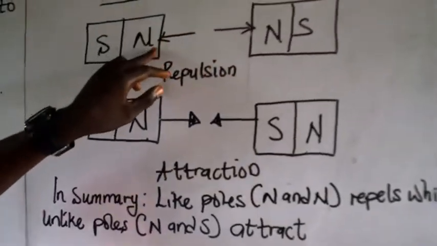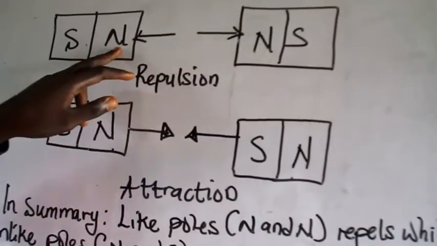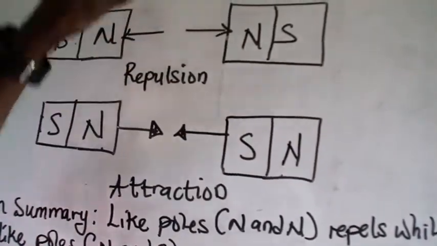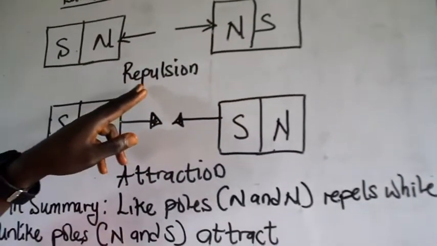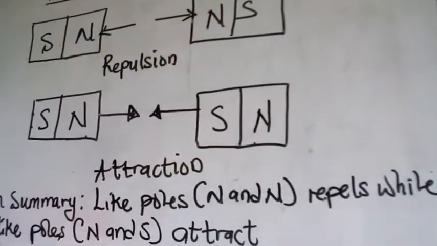First, north poles getting in contact with each other, like poles getting in contact with each other, cannot attract. There's nothing you do for them to attract, but rather they'll repel. That process is called repulsion.